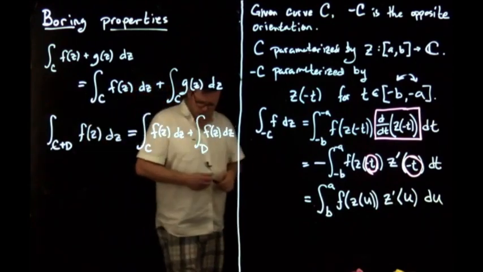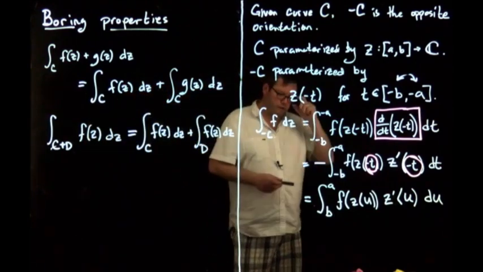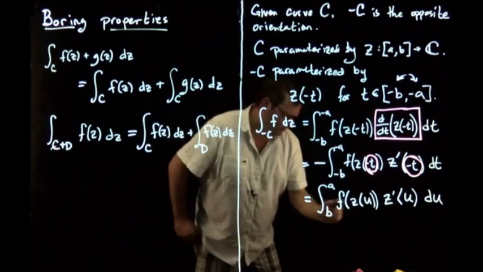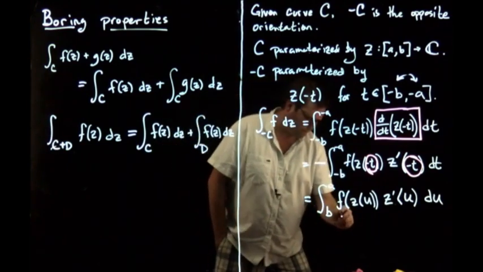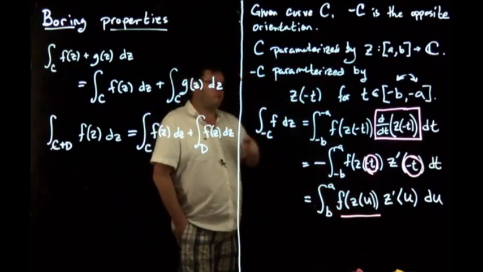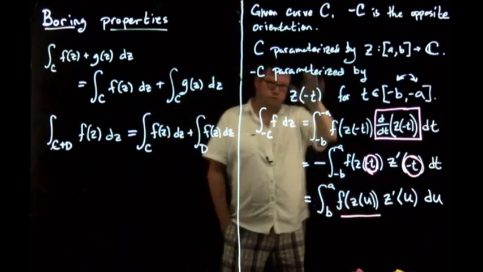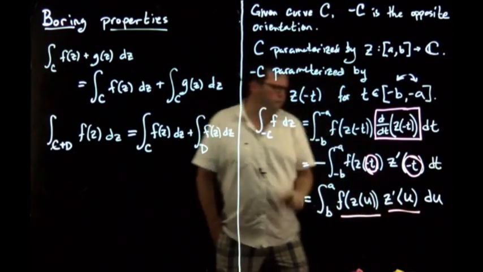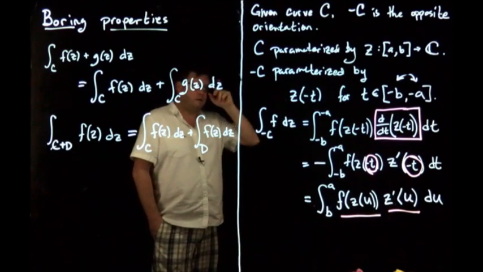Okay, and what is this integral? Well, if we ignore the bounds for a moment, f at the curve, the normal z curve, that's the positive orientation of C, times the derivative of z.